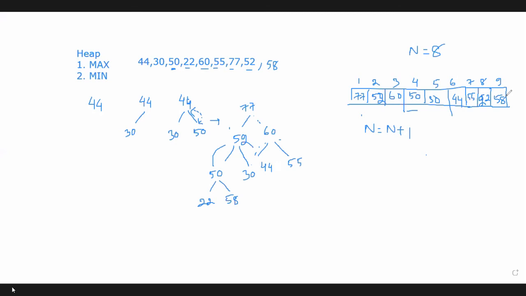So the first step of this algorithm is to add the new node to the tree and initialize the pointer. After adding a node in the tree, we can use a variable i for indicating the position of that new node. So here i equals 9. i is a pointer, and i equals n.